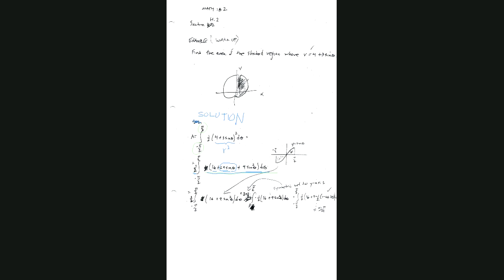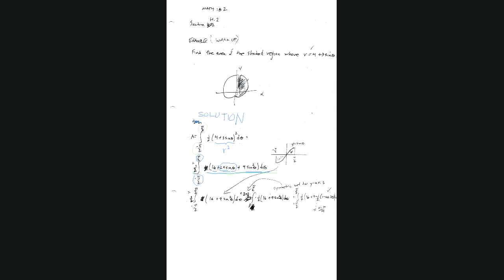And so our limits are from negative pi over 2, negative 90 degrees, to pi over 2, 90 degrees, the area underneath 24 sine of theta from negative pi over 2 to pi over 2 should be 0. So that means we can just eliminate that term.